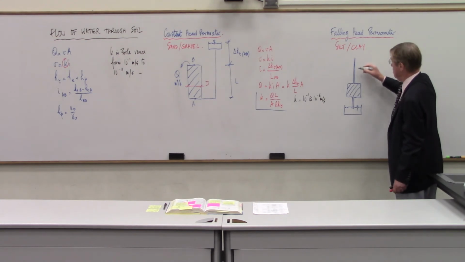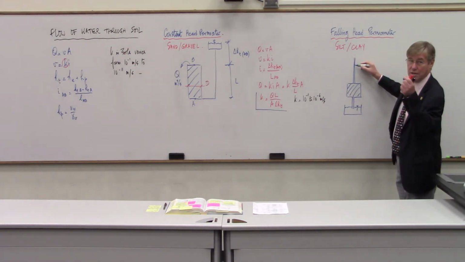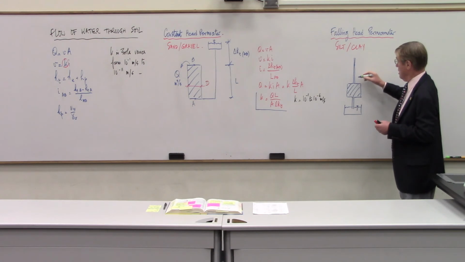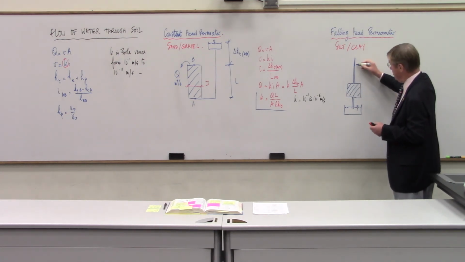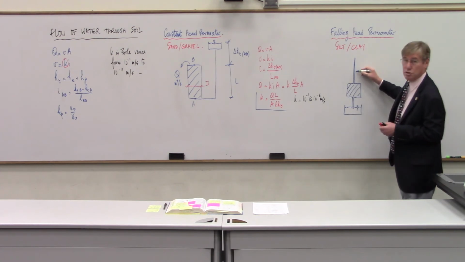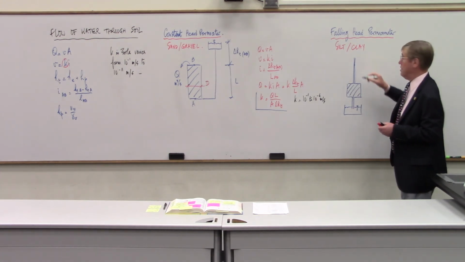And because the tube is so tiny in diameter, a little bit of water seeping through the soil shows up as a measurable drop in water level.